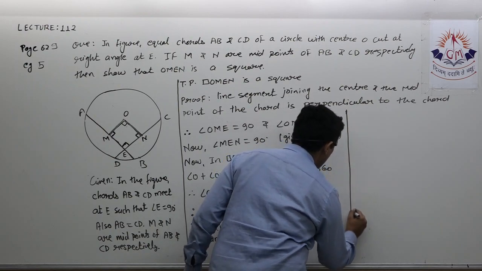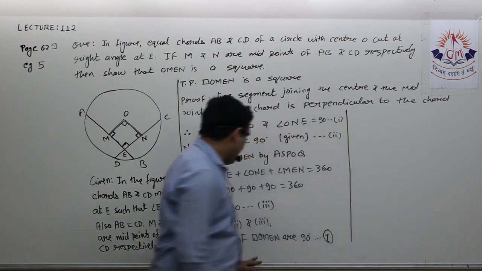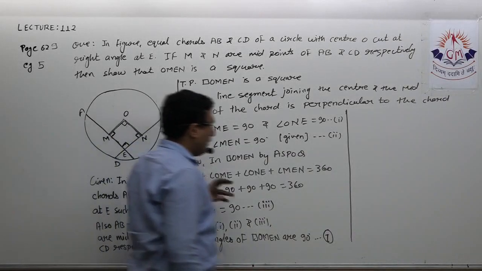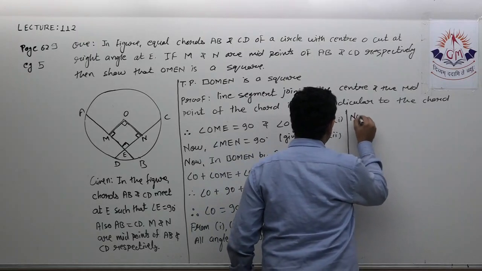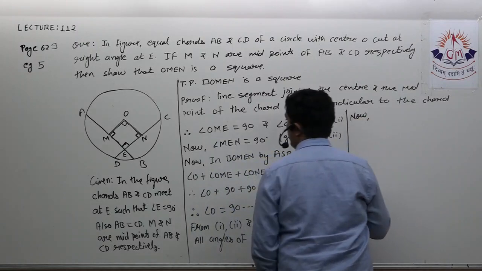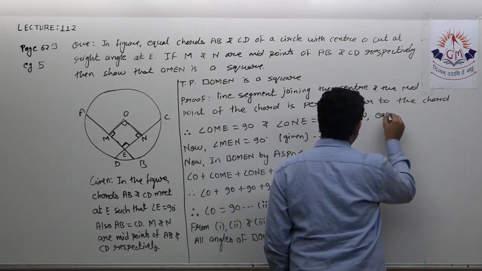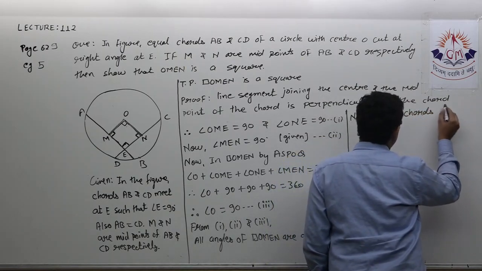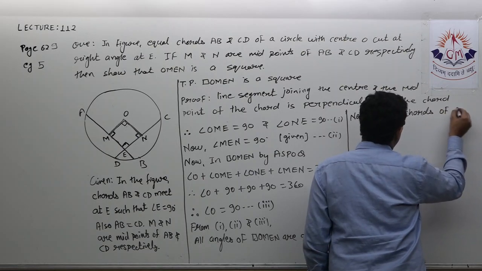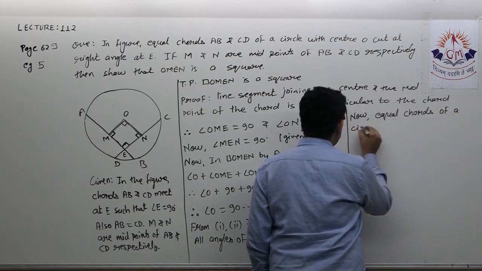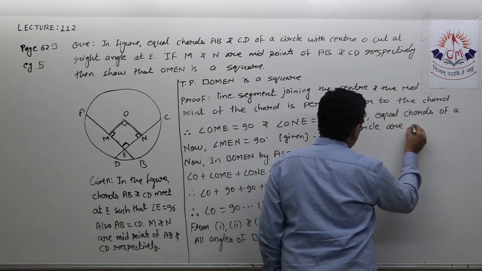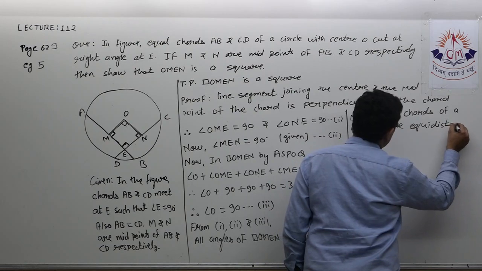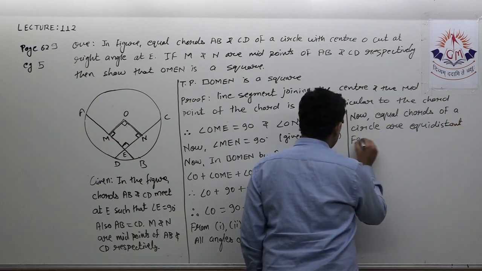Now here I can say it's definitely either a square or a rectangle. Now to prove it's a square, equal chords of a circle are equidistant from the center.